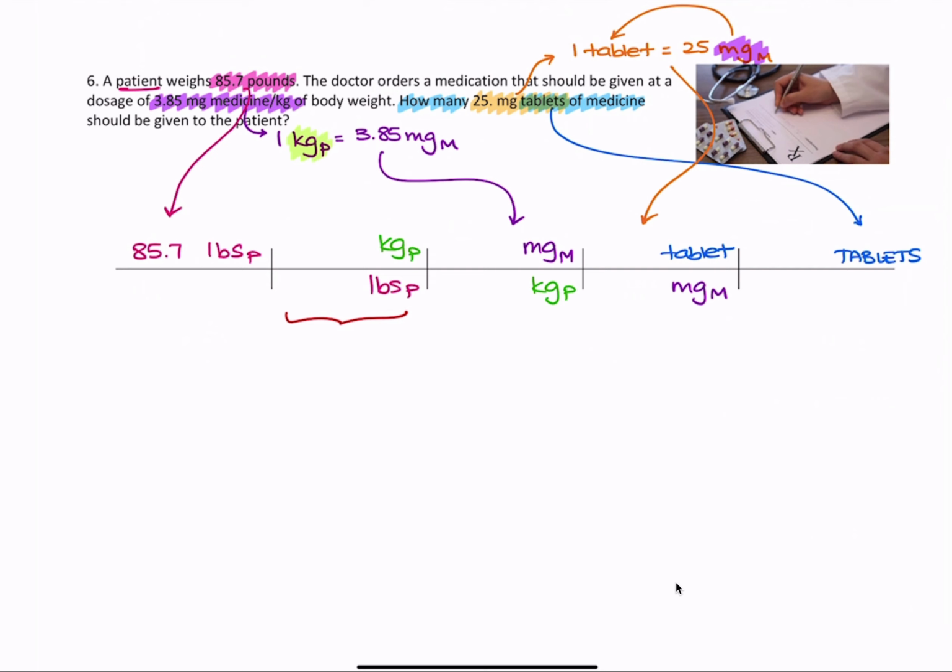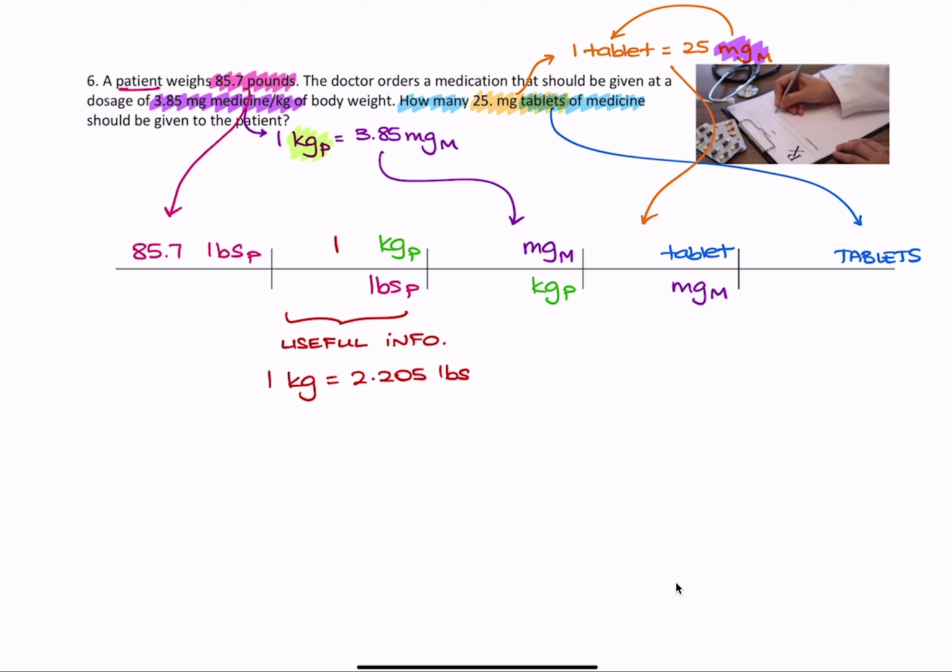But the relationship between kilogram and pound is something very common. You will find this information in your textbook or in the useful information paper. And 1 kilogram is equivalent to 2.205 pounds.